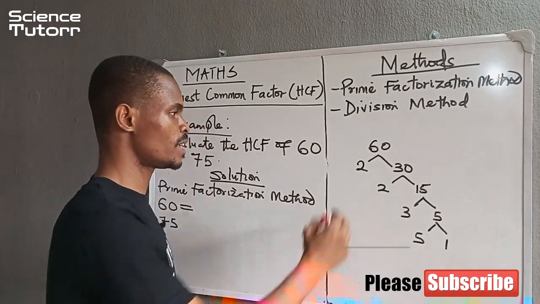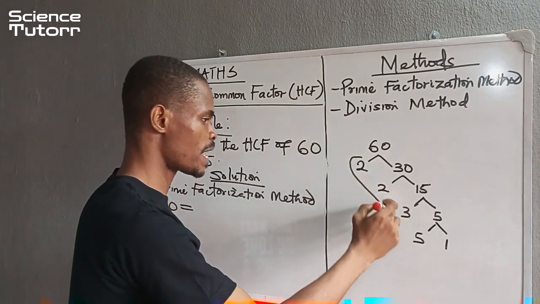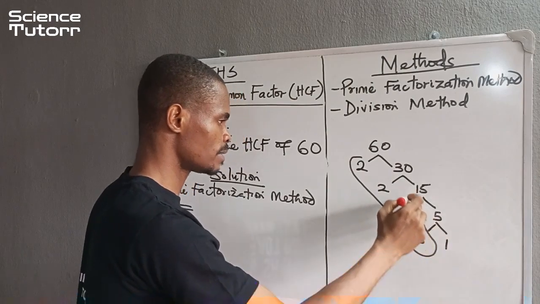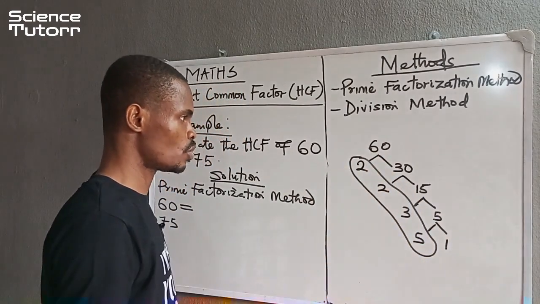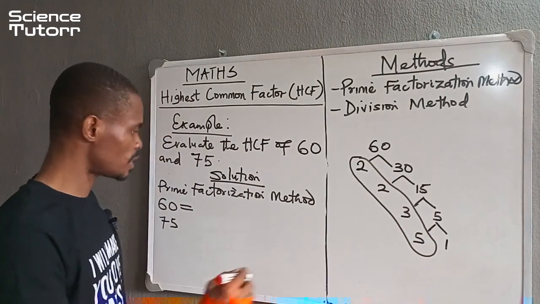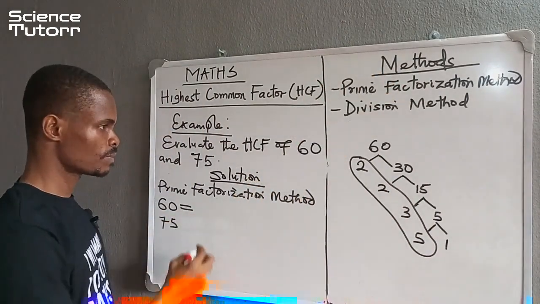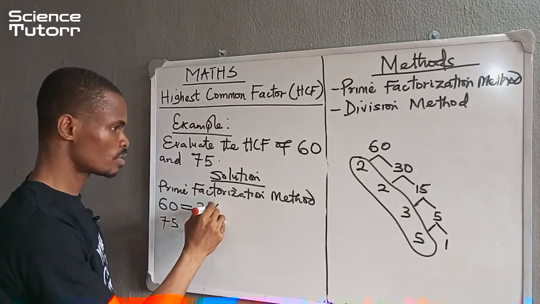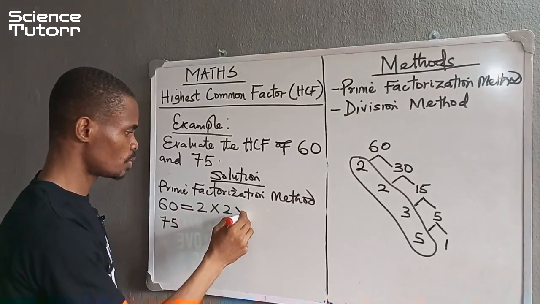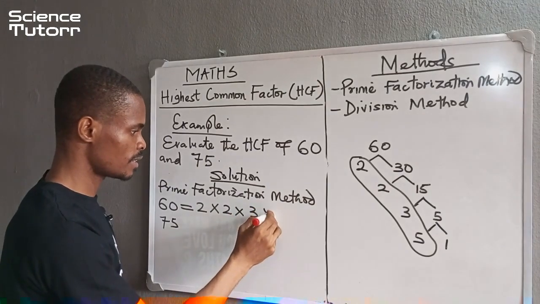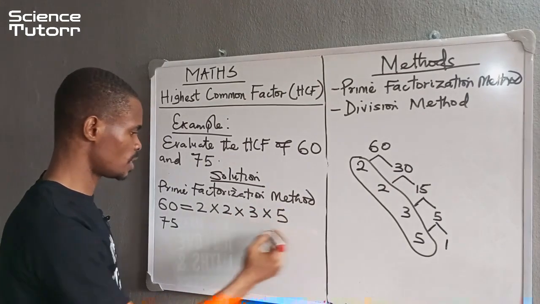At the end of the day, we have the prime numbers that can go into 60. So 60 simply means, based on the prime factorization method, 2 times 2 times 3 times 5. So this makes 60.